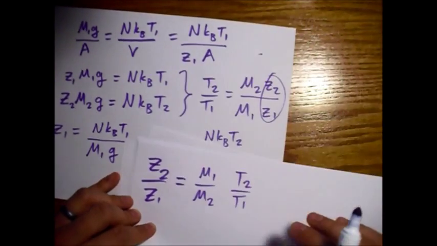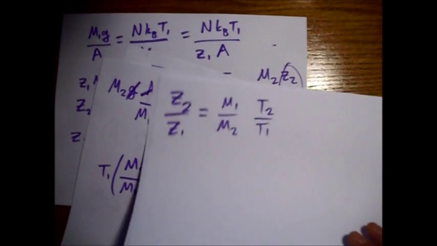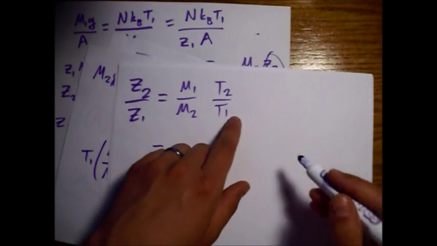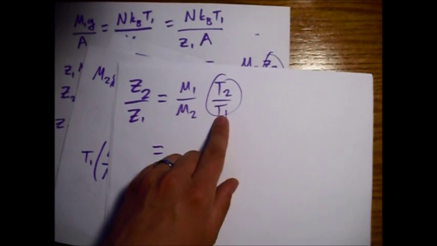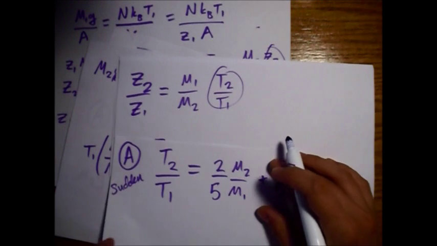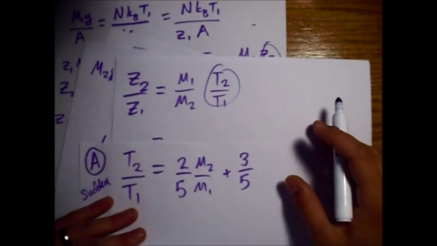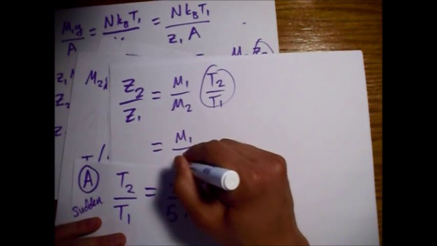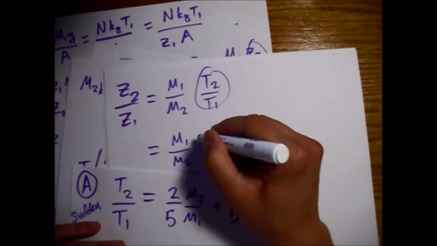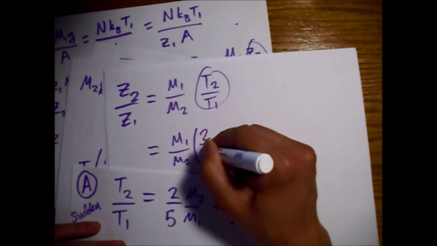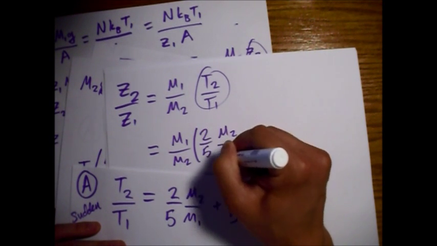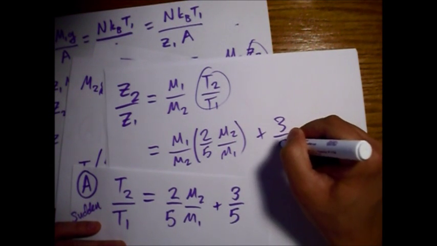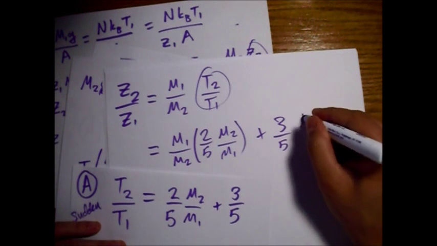All I did was flip this over. Now all we have to do is plug in our T2 over T1 from our sheet right here: M1 over M2, 2/5, M2 over M1. I'm going to distribute this through, so I'll write this M1 over M2 again.